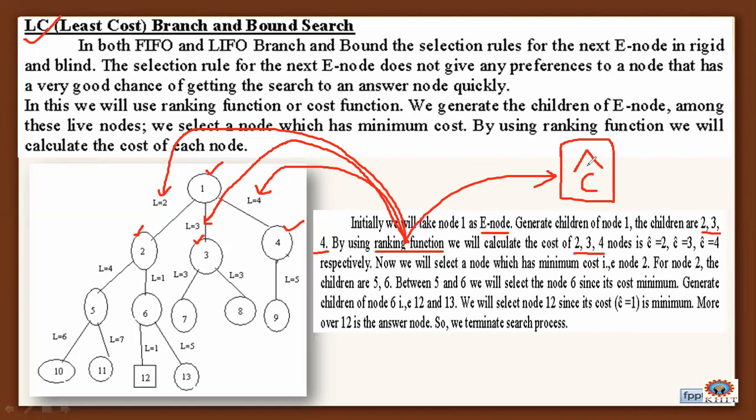C cap stands for ranking function. So the ranking function of node 2 is 2, of node 3 is 3, and of node 4 is 4, respectively.